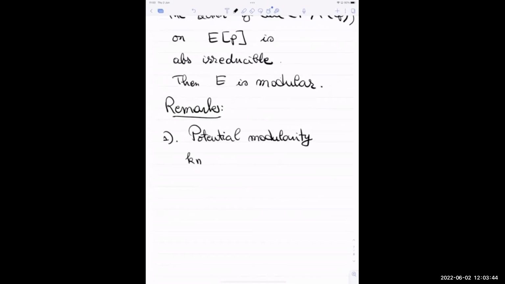So up to passing to some finite CM extension of F, you do know that all these elliptic curves are modular. Alternatively, the 10 author paper.